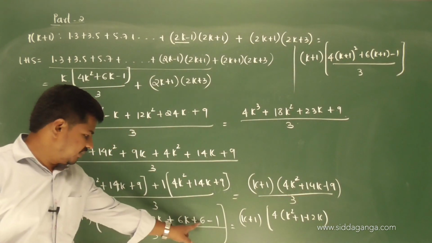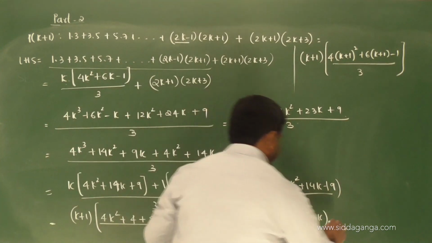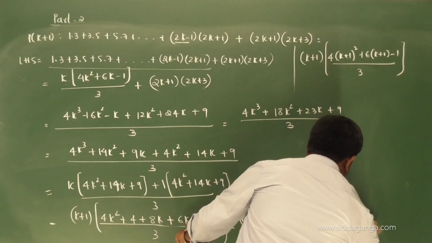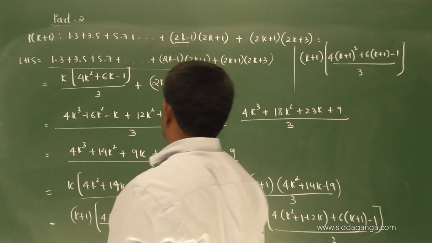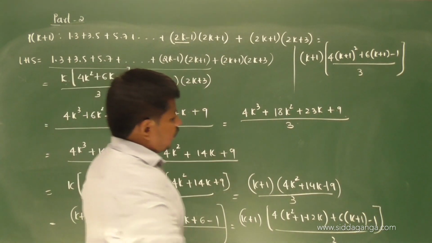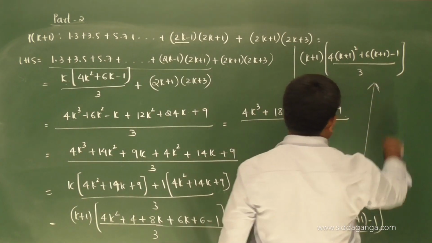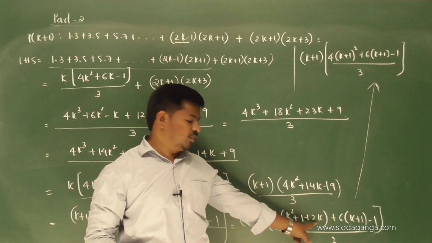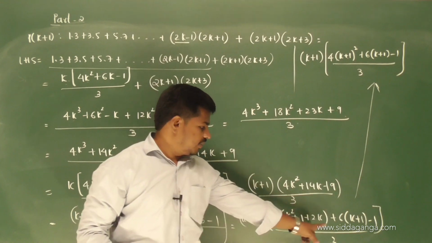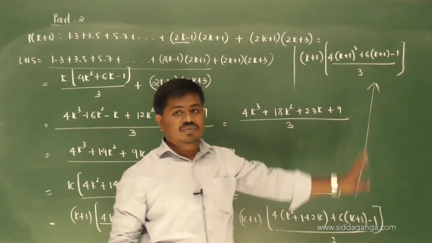Next, from these 2 terms you take 6 outside, 6 into k plus 1 minus 1, whole divided by 3. Yes, you get the answer. You get k plus 1 into 4 into k plus 1 whole square plus 6 into k plus 1 minus 1 whole. So that's what you get.